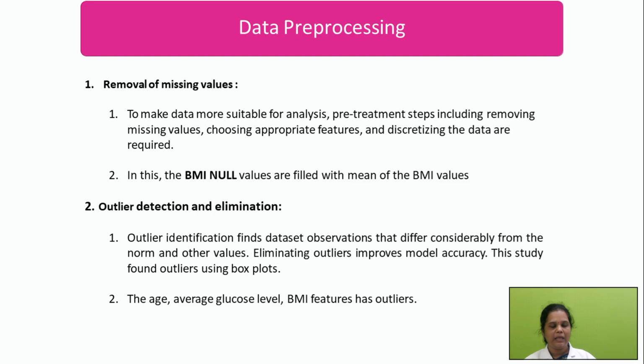There are many different techniques for data pre-processing. The first one is the removal of missing values. If we have any null values, then those null values will be removed. The second one is outlier detection. Outlier detection is, if any data lies outside the boundary value, then that data will be removed. That we call outlier detection and elimination.